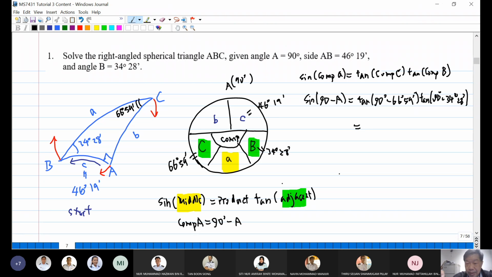So let's do some calculation here. So 90 minus 66.